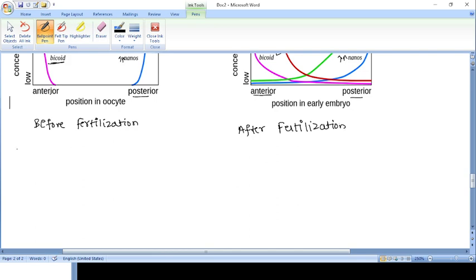Now, before fertilization, in the anterior end or anterior region, high concentration of bicoid and no nanos protein.